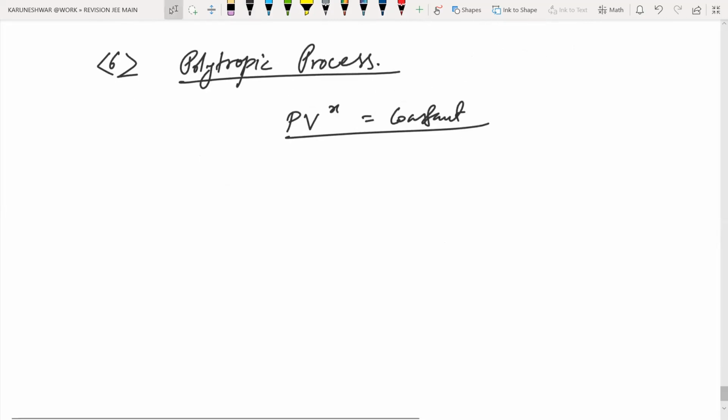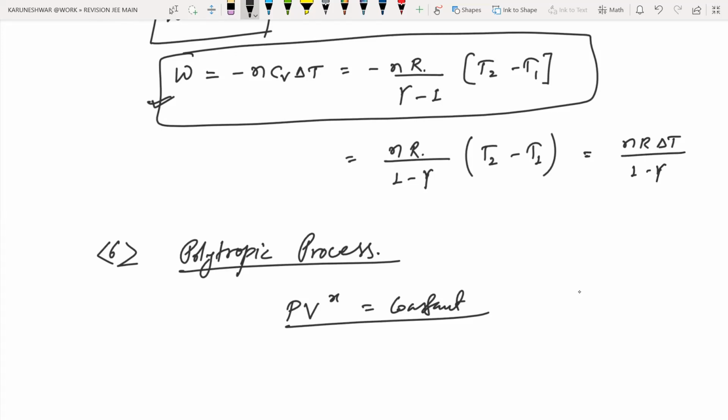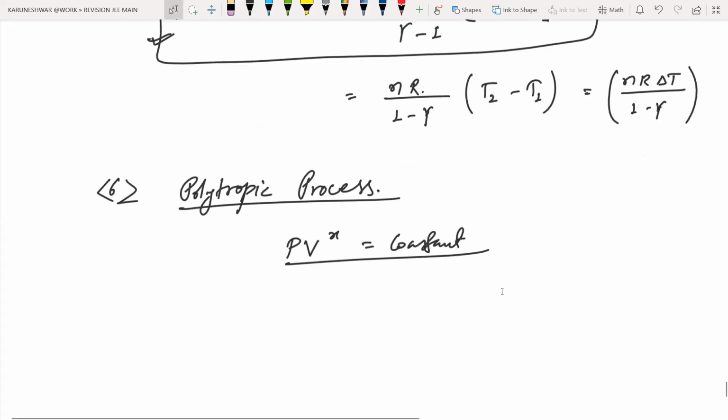If PV to the power X is constant, how can you write the work done here? You can see the work done I have written here. In the same way as the adiabatic case, which is nR delta T divided by 1 minus gamma, I'll write it here also, but this is not adiabatic, so we don't have the gamma value.